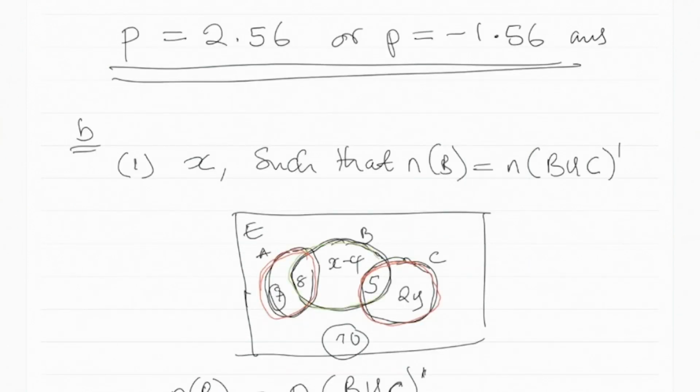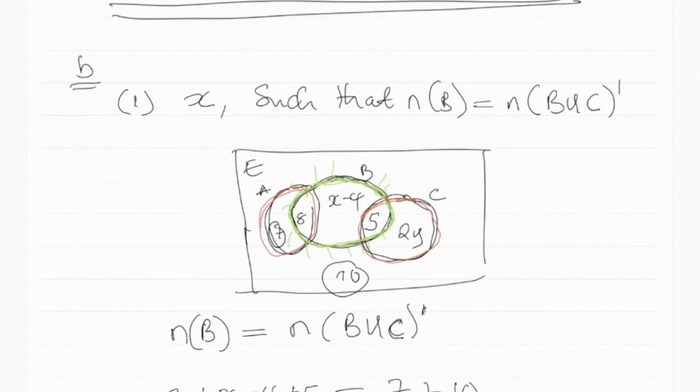When they say B complement, we are referring to elements of the sets that are not found in set B. They are completely outside this set B. So they can either be found in C and A, or even in the universal set. That is what we mean.